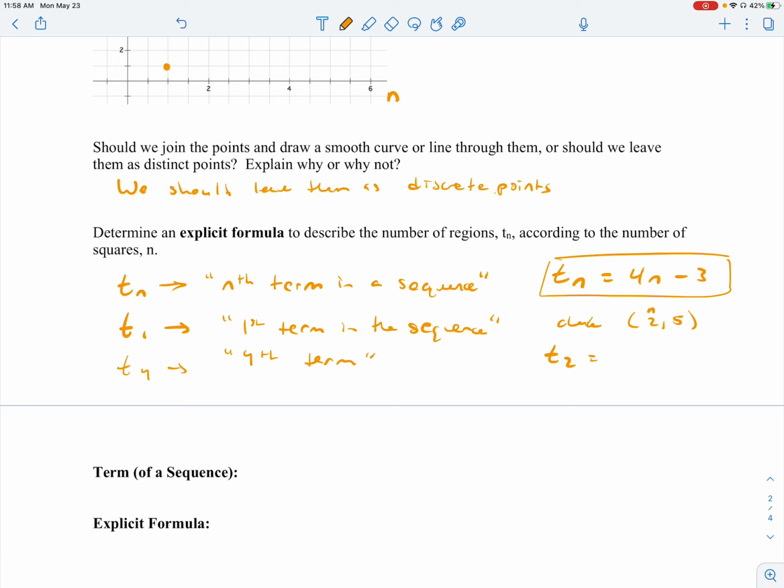Remember, this is n and this is T. So T2 is going to equal 4 times 2 minus 3, which gives us 8 minus 3, which is 5. And we can see that works. That satisfies our point. So when n is 2, the whole thing is equal to 5.